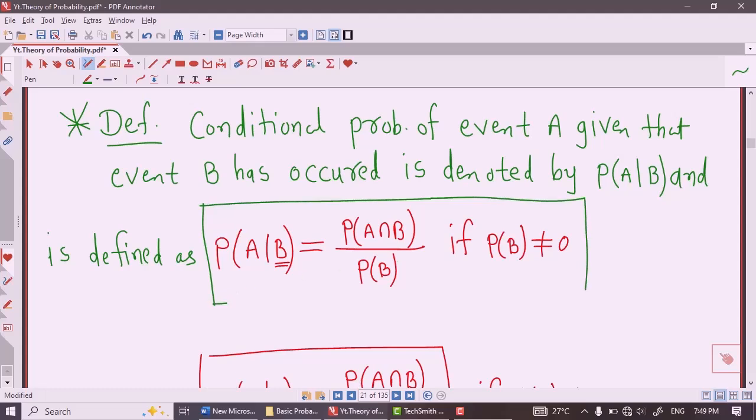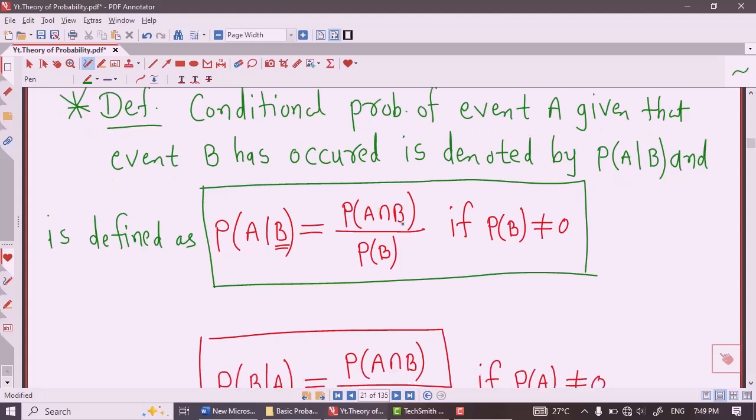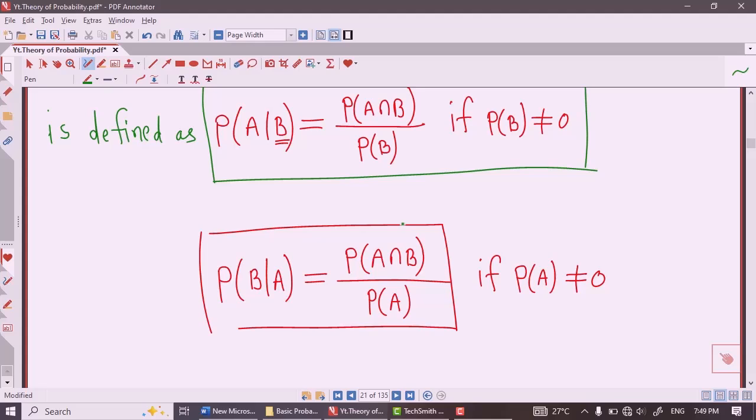It is easy to remember. Probability of A given B equals probability of A intersection B divided by probability of B.